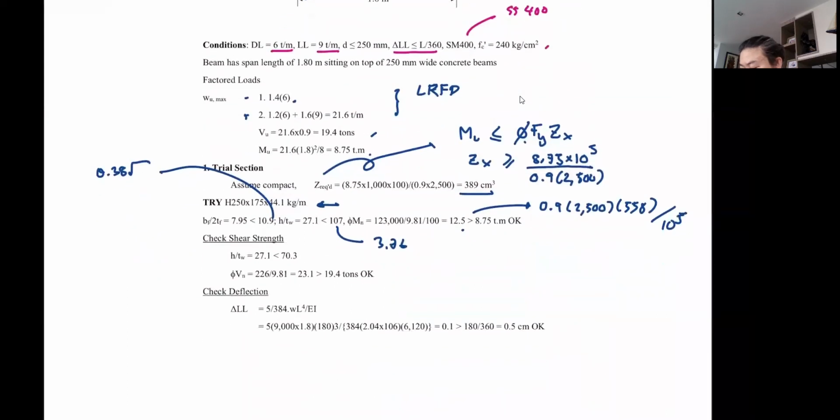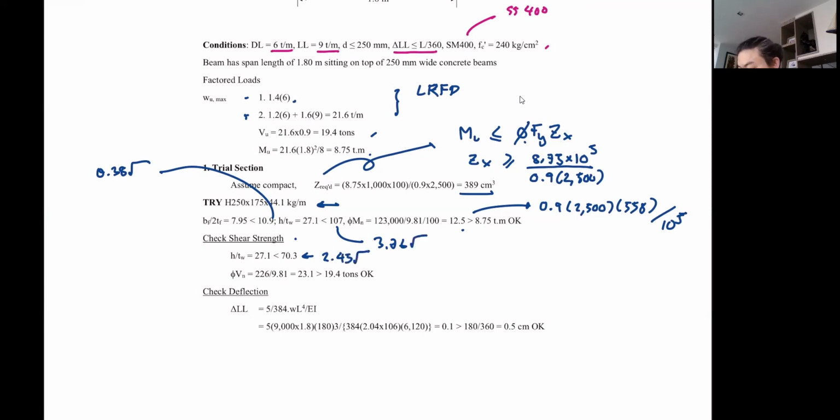Now we move on and check the shear. Again, we need to investigate the local buckling. The slenderness ratio is 27.1, which is less than 70.3, that is 2.45 square root E over Fy.